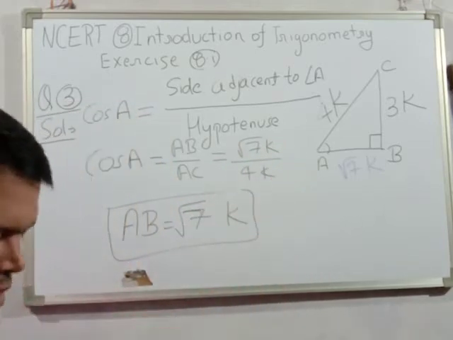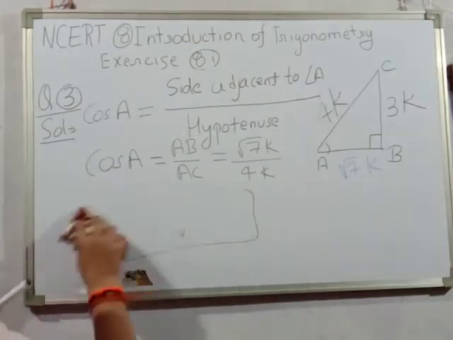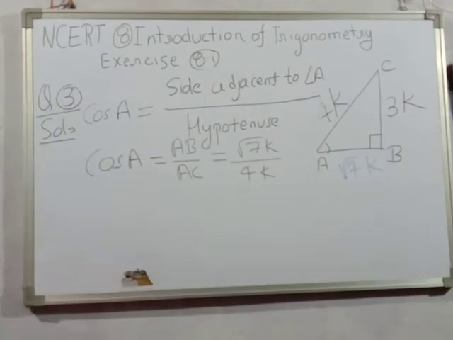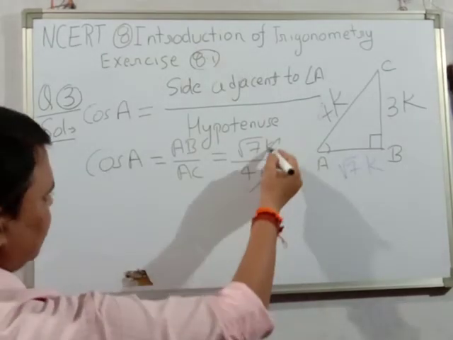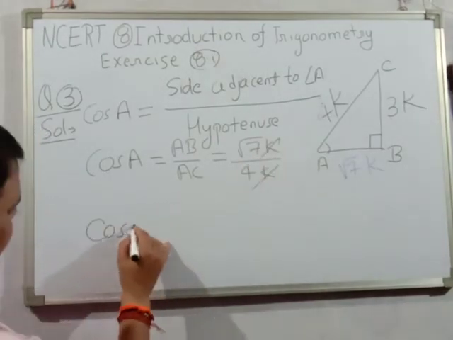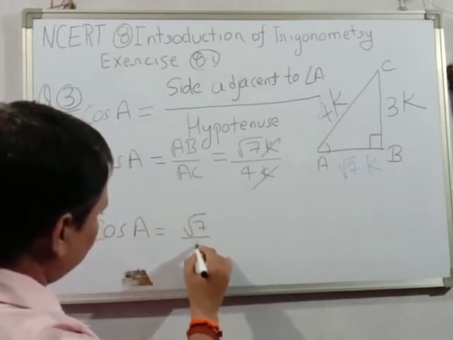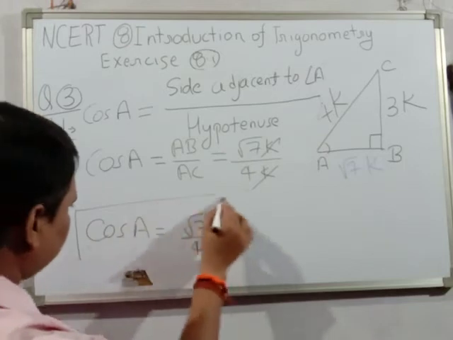K and K cancel, so we get cos A equal to root 7 upon 4. This is the answer.